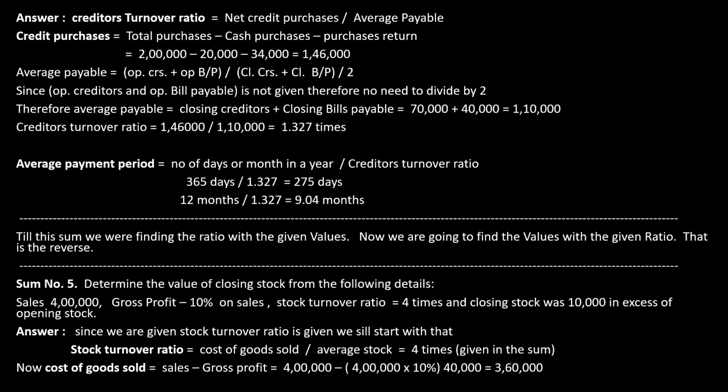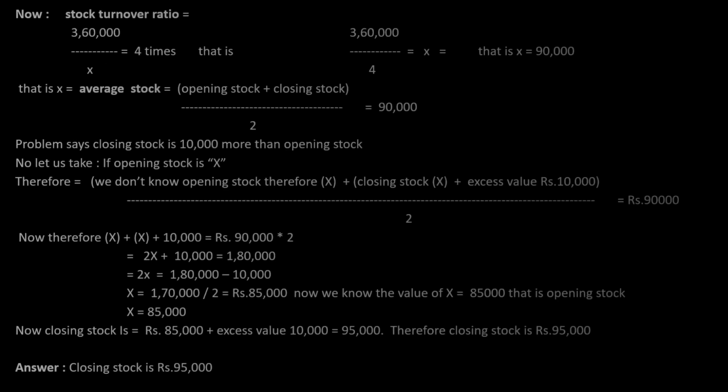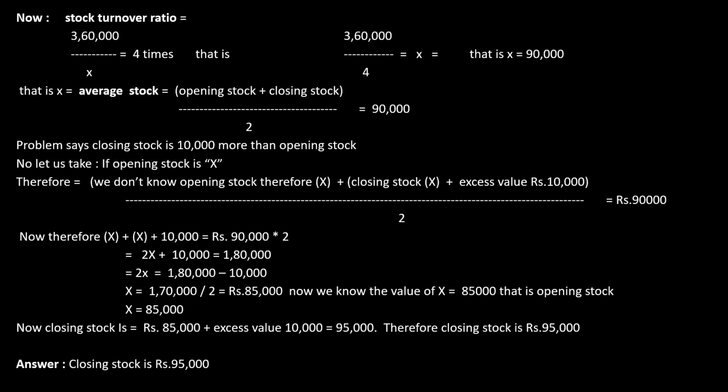I know the cost of goods sold, 3,60,000, but I don't know my average stock, so I take it as X. Stock turnover ratio is 3,60,000 divided by X is equal to 4 times. That is 3,60,000 by 4 is equal to X, so X is equal to 90,000.